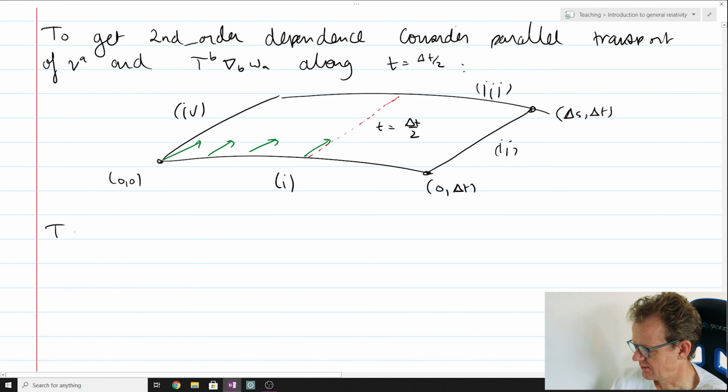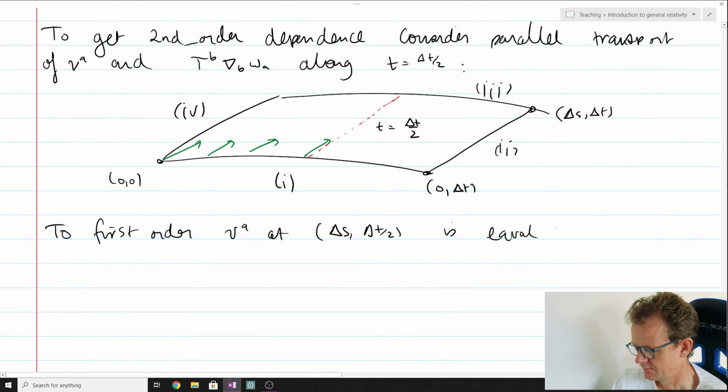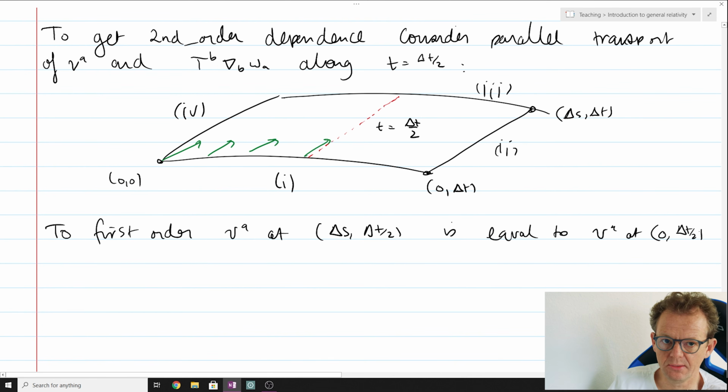Now, we've already determined that to first order, the vector V^A at (δs, δt/2) is equal to V^A at (0, δt/2), because parallel transport is path independent to first order.